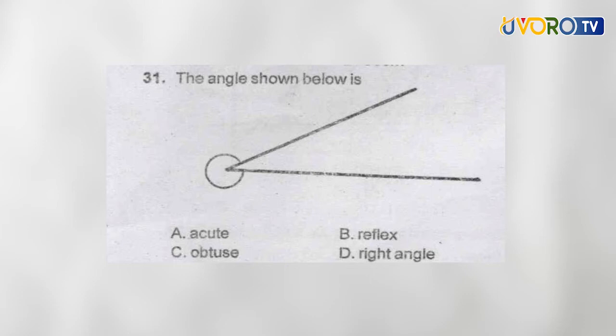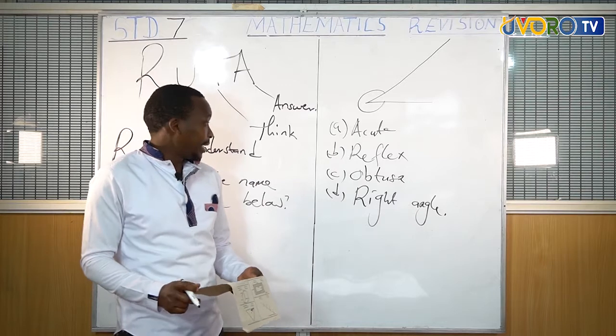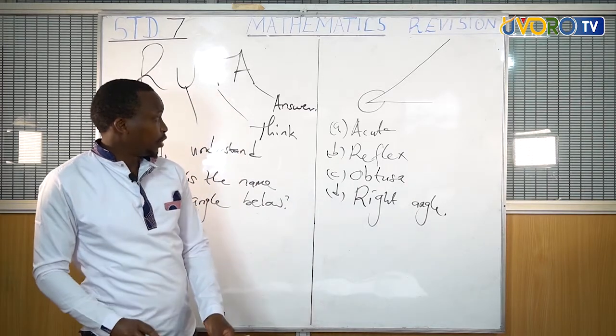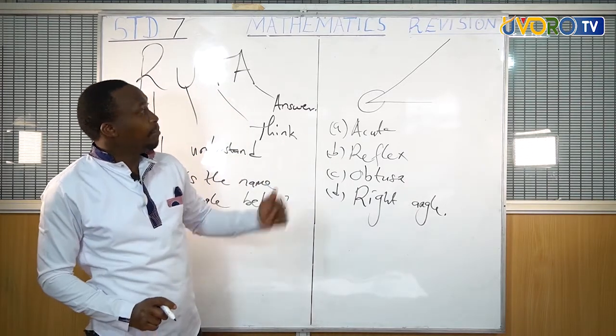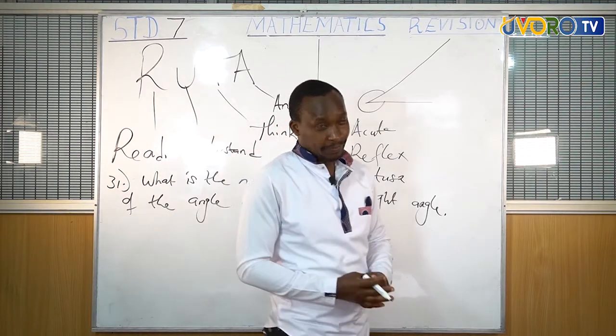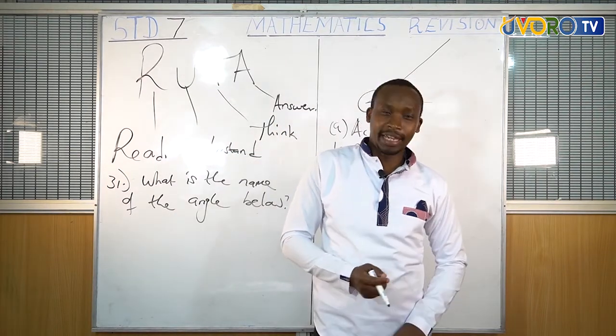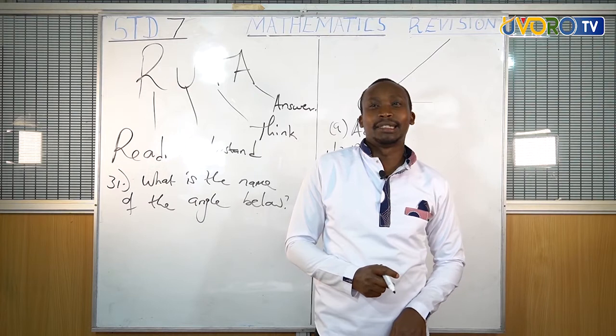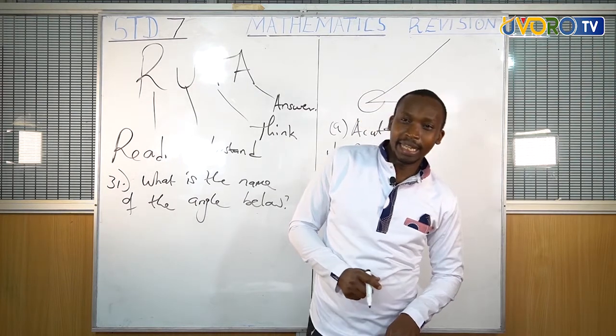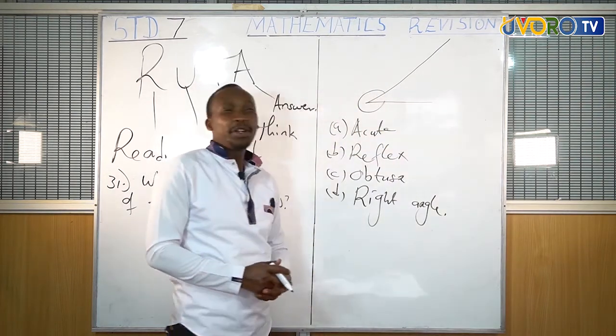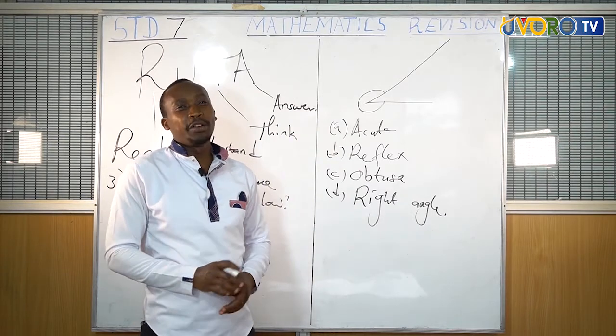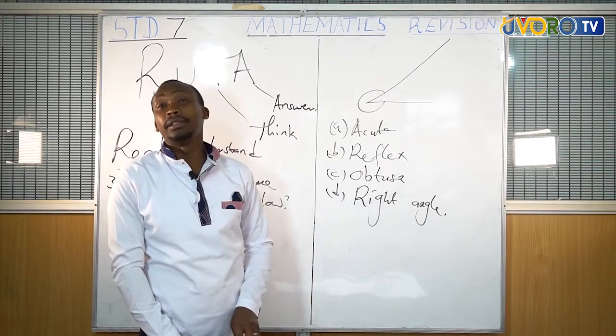And D stands for right angle. Now, I'd like somebody to tell me what is the name of the angle there. Yes? That is not a right angle triangle. Somebody to tell me how we can draw a right angle triangle.